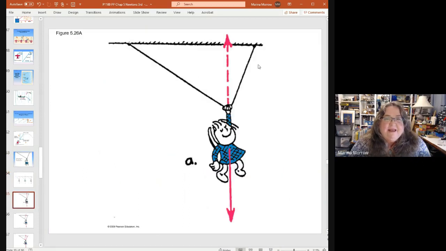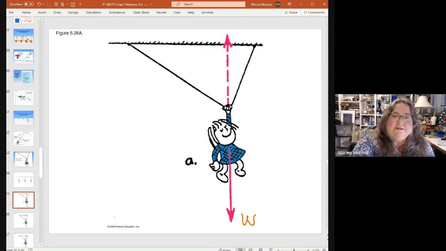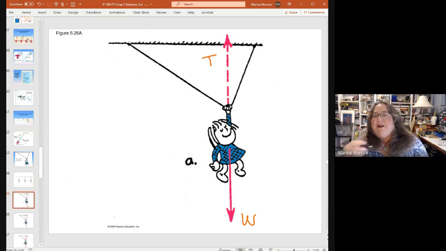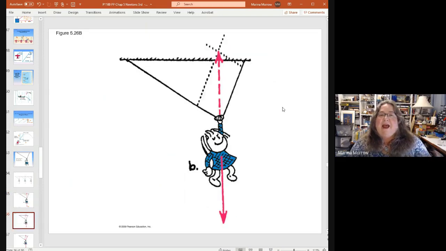Okay, so the idea is that we draw a weight for the girl. So this is her weight downwards. And we know if she's in equilibrium, there is an equal force upwards. So the tension in the ropes are pulling her upwards, and those two have to be equal to each other. Okay, so what we do next is we figure out how much of that force is on each rope.